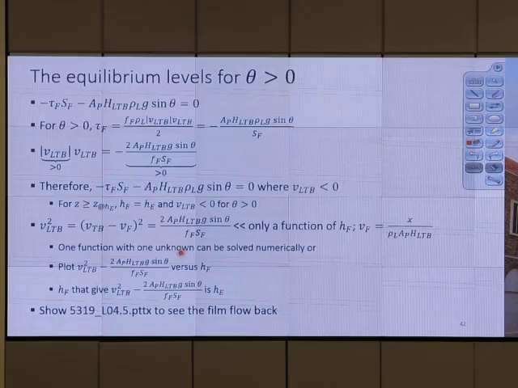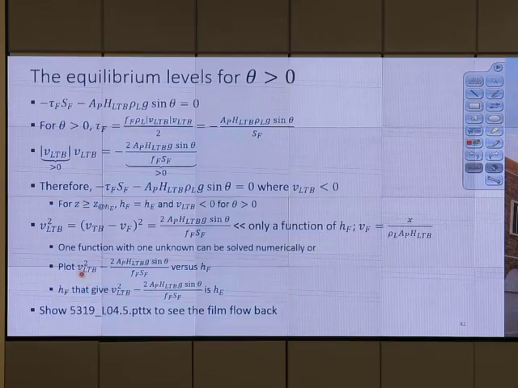Then we have one function with one unknown, one equation. It can be solved numerically to find out what HF gives me left hand side equal to 0. We can solve it.